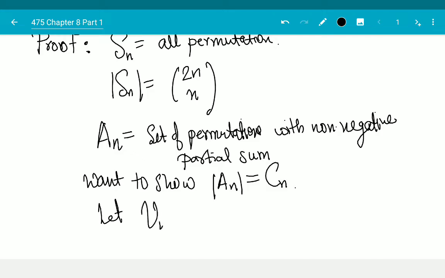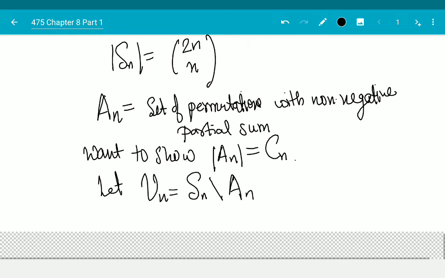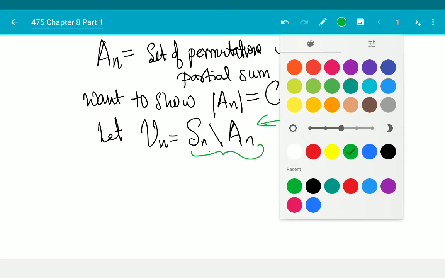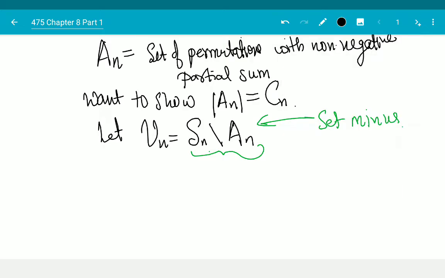Let U_n be S_n minus A_n. I think I have used this notation before, but in case you don't remember, this means set minus. So from the bigger set S_n, you're removing all the elements of A_n, and whatever you get is U_n.